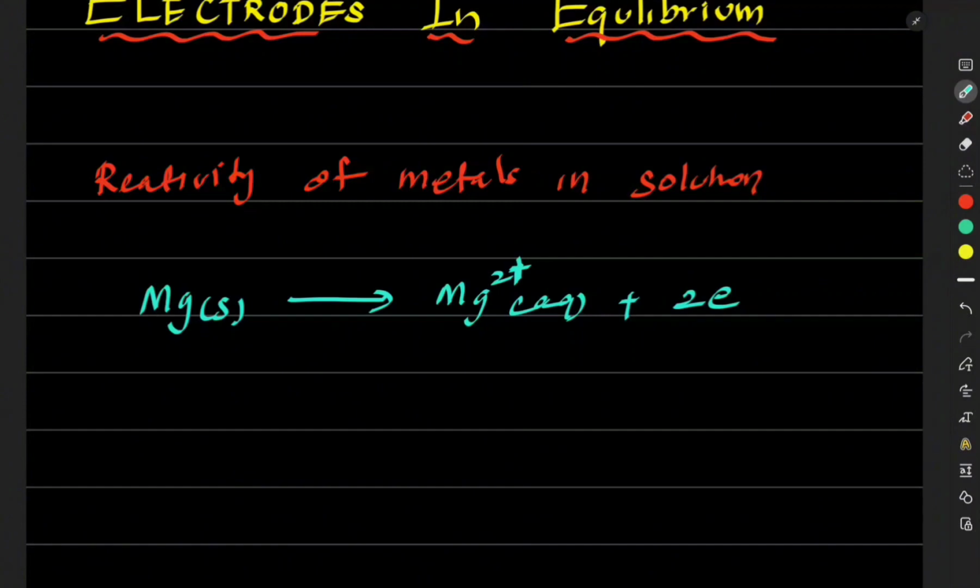The magnesium rod will be surrounded by the solution of positive magnesium 2+ ions, and some of the magnesium 2+ ions will reclaim their electrons and stick back to the magnesium rod we dipped into the solution. Mg2+ aqueous plus 2 electrons form magnesium solid.